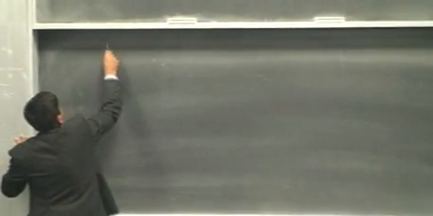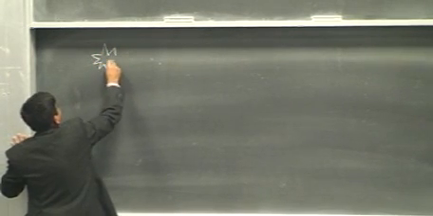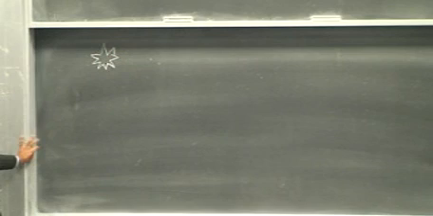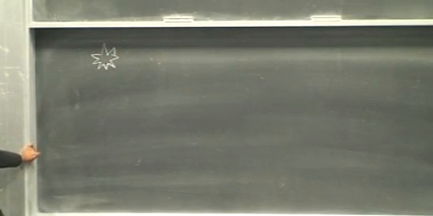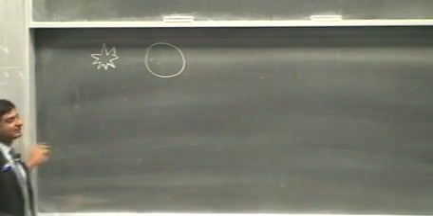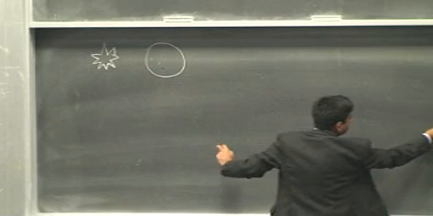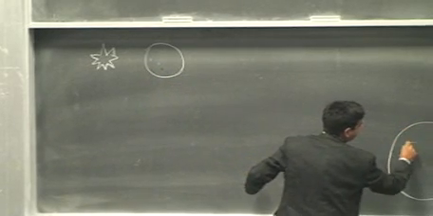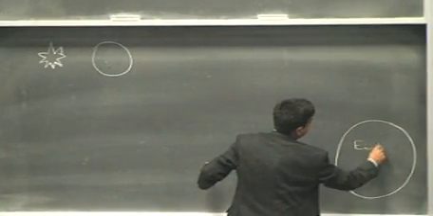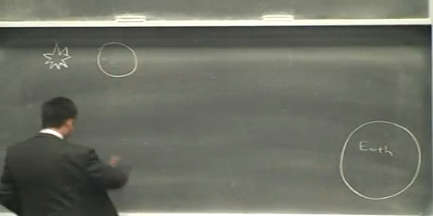There's a distant star, right? But stars don't really look like this. They look like this in nursery rhymes, but let me draw a more physical representation of a star. This is a star, and this is our Earth. The star is far away, so it looks smaller. This is our sun.